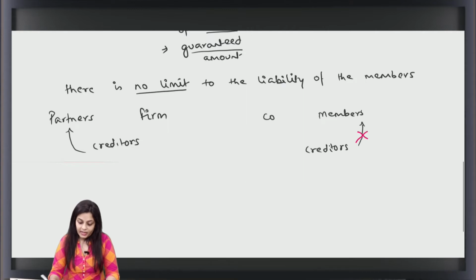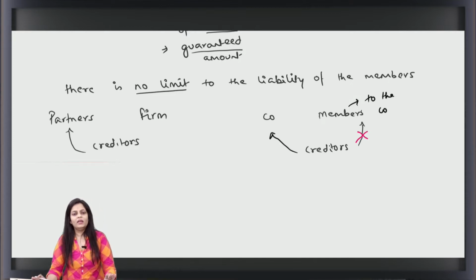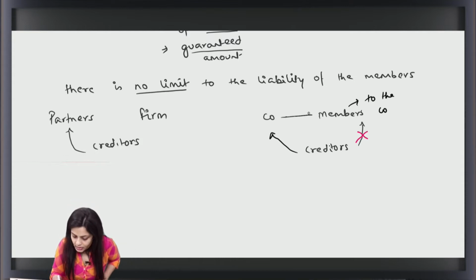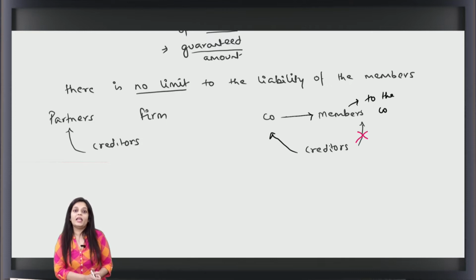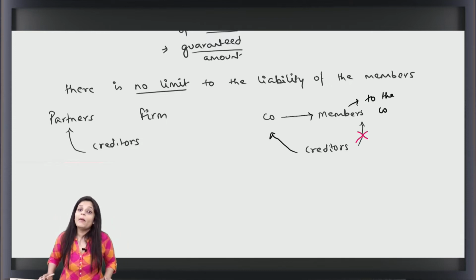The liability is unlimited to the company. That means the creditors cannot go and sue the members directly. Their right is only to sue the company. The company in turn can go and sue the members, and the members are liable. So, the liability of the member is unlimited to the company, not to the creditors.